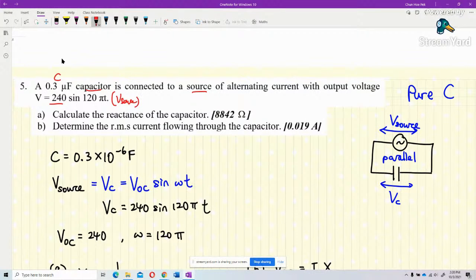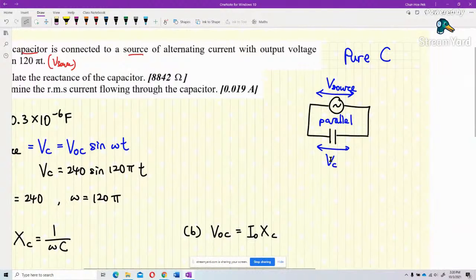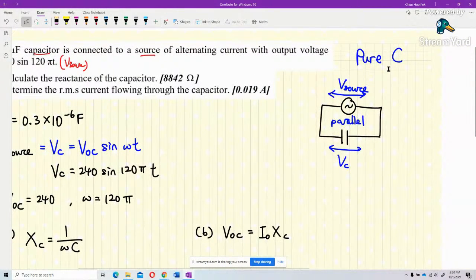But this is a pure capacitor circuit, so V source is directly across the capacitor. Because it's only a pure capacitor, V source also equals VC. You understand that? Because there is only one component.